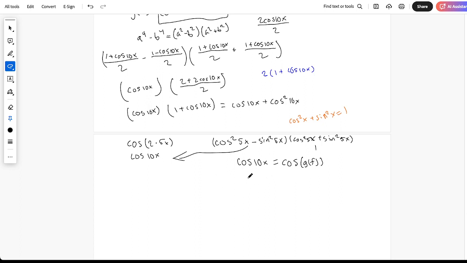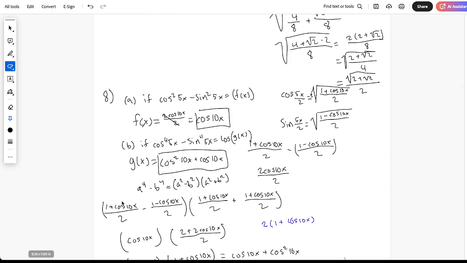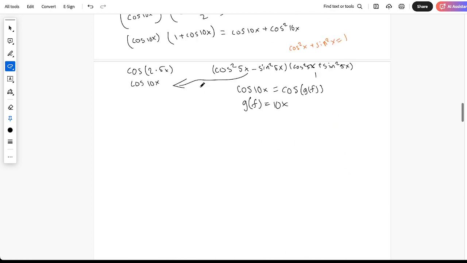So that means g of f equals 10x. But that does not answer this one unless I wrote it down wrong. I wrote it down wrong. Okay. This is supposed to be the cosine of that. So the answer is 10x for both.